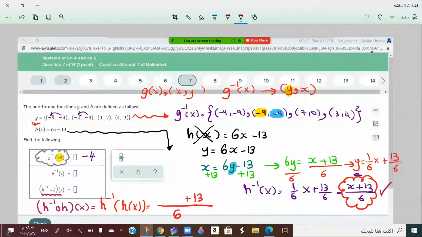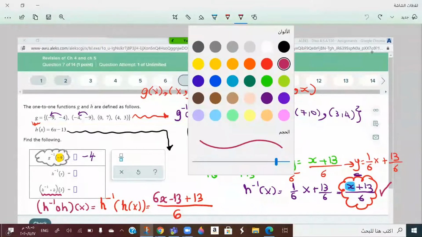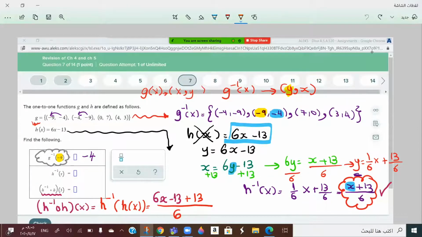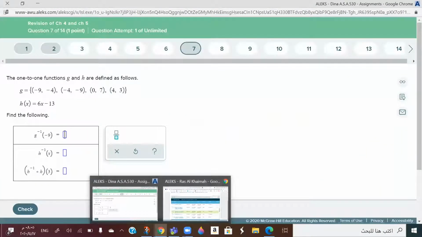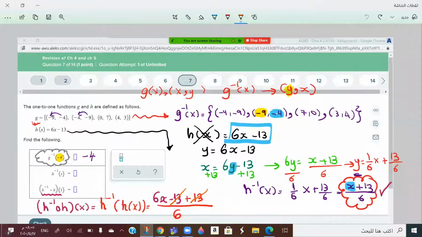Now your X will be changing. It will not be the normal X. It will be your H of X, the one you put in the beginning. So it will be, let me write it in another color, 6x minus 13. And now if we substitute and simplify, this will be cancelled with this, and the 6 will be cancelled with the 6, and we will be left with X.